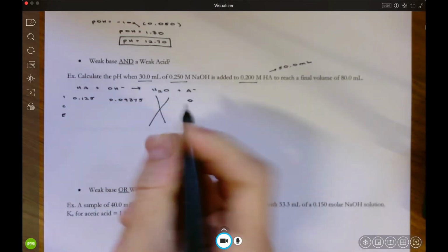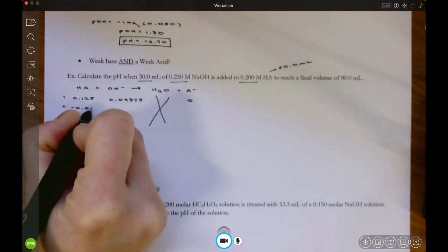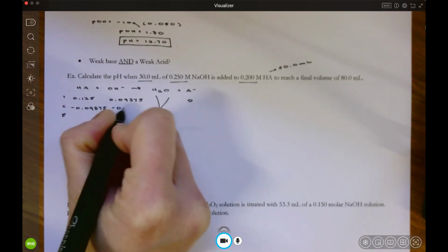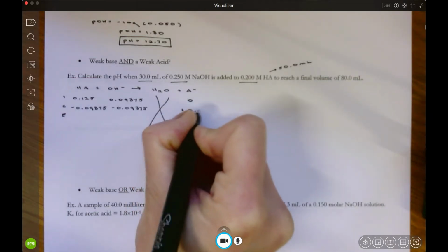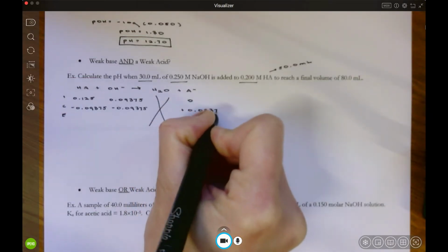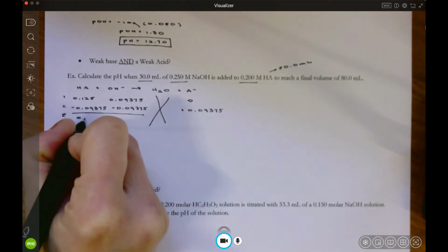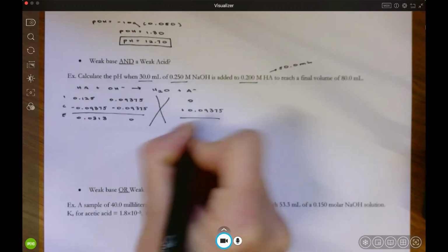The initial of A minus is 0, and so when these react completely, it's going to change by 0.09375, and we're going to add that. And so what I end up with at equilibrium, or when I'm done at my end, is the following.